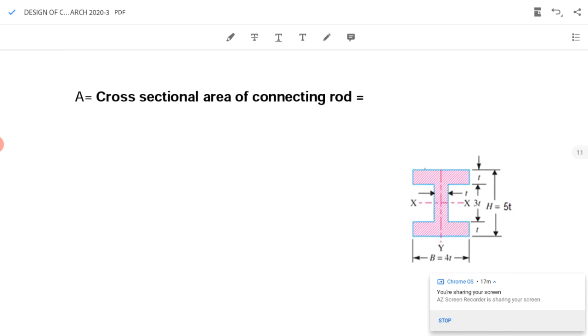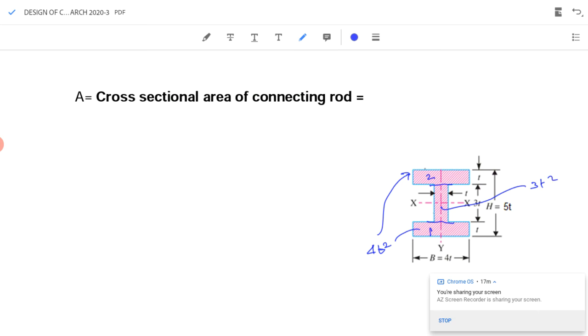A is the cross-sectional area of the connecting rod. What is the cross-sectional area? We can find the area section by section. Area of this section will be 40 multiplied by T, 40T. This one also has the same area. So, section 1 and section 2 will have 40T each and the central area will be 3T into 3T, 3T square.